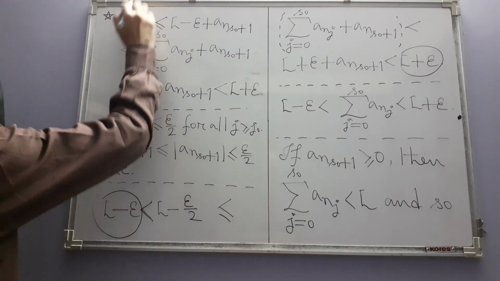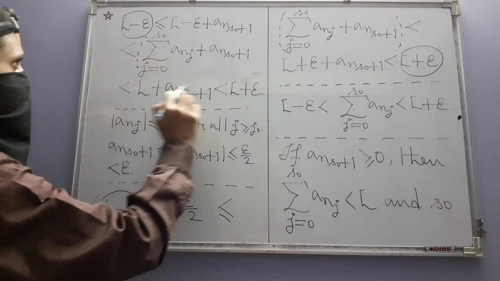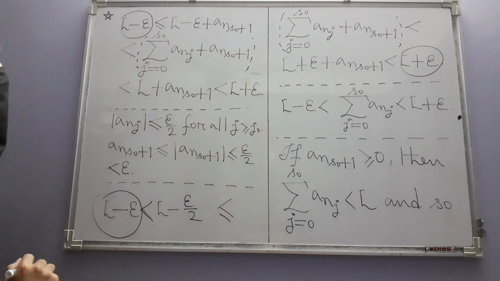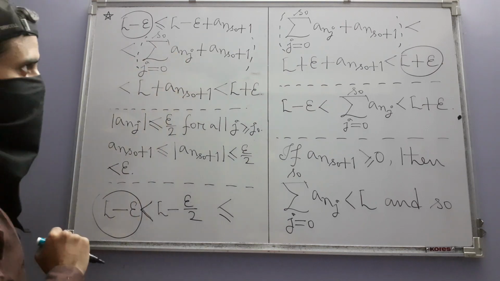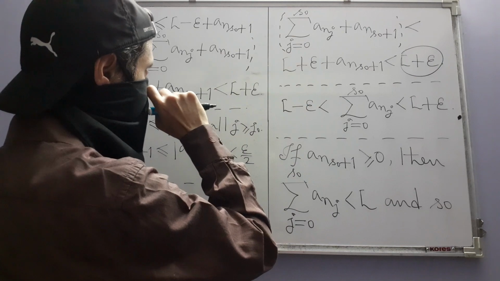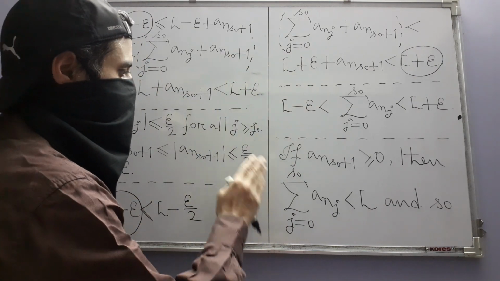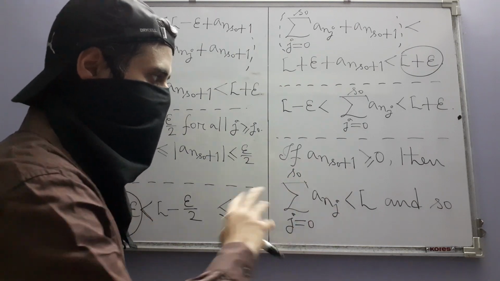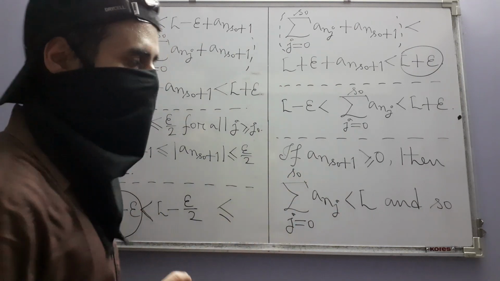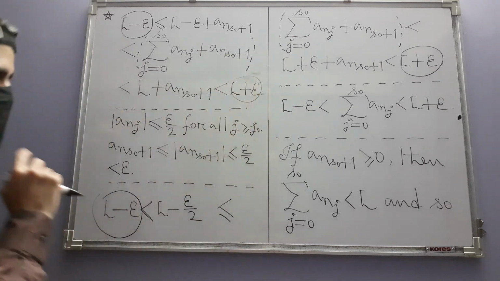Here also L minus epsilon is less than, note carefully that they are the same thing. This is the sum of a n j's, where j varies from 0 to s naught, plus a n s naught plus 1, in spite of the fact that the conditions are different in these two cases, and that is less than L plus epsilon.